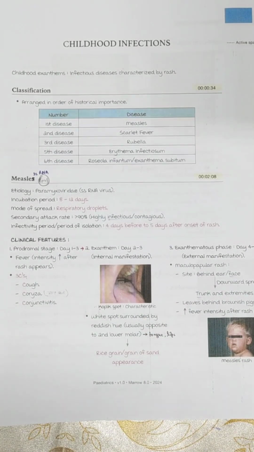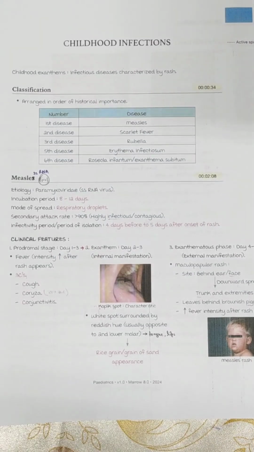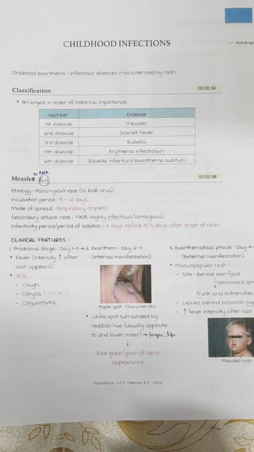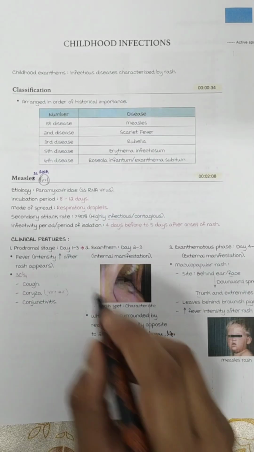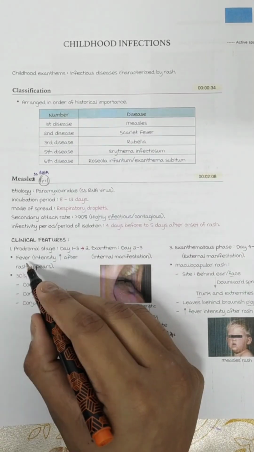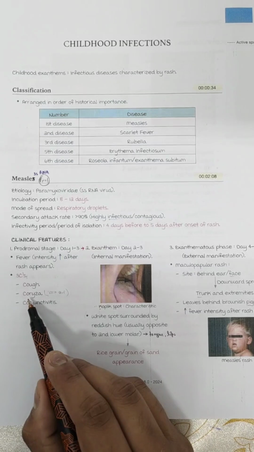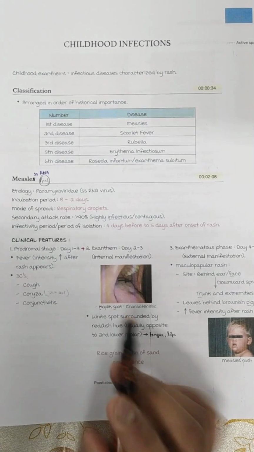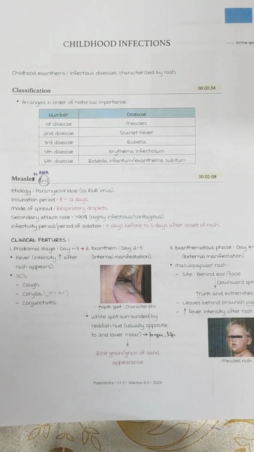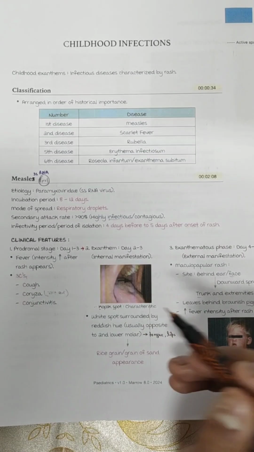Now the clinical features, it is important the way it goes. At first, prodromal stage happens, that is day 1 to 3. There is fever along with coryza, cough and conjunctivitis, that means cough, runny nose and watery eyes, all three can be seen in the very first stage.